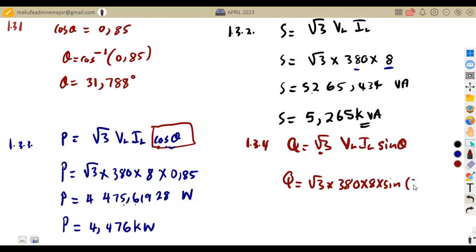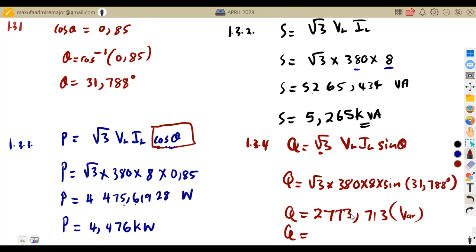So this one is going to be 31.788 like this. So with all presentation on your calculator, you are going to obtain 2773.713 like that, which is measured in what? In vars. So that in kilo, we divide by 1,000, that is going to be 2.77.